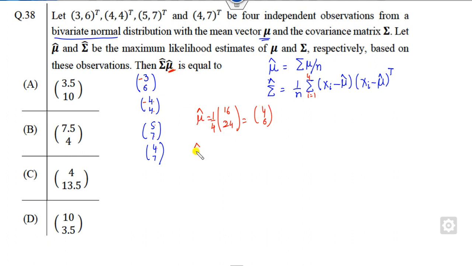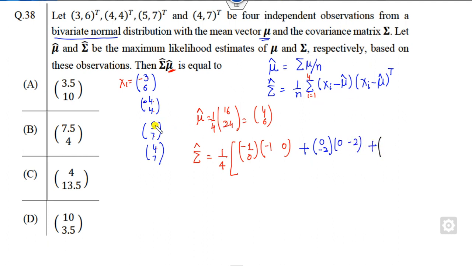Now I can compute the sigma cap. 1 by 4 is outside. Now I can open it: this is my x1. If I subtract from x1, it will be (minus 1, 0) times (minus 1, 0) transpose. For the second pair, subtracting (4, 6), it will be (0, minus 2) times (0, minus 2) transpose.